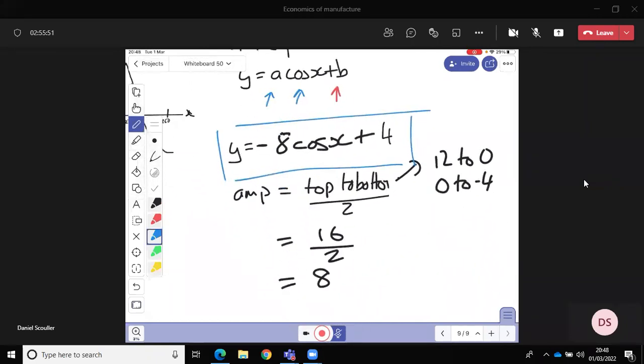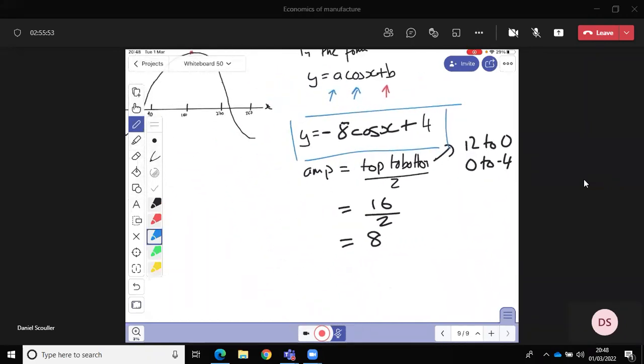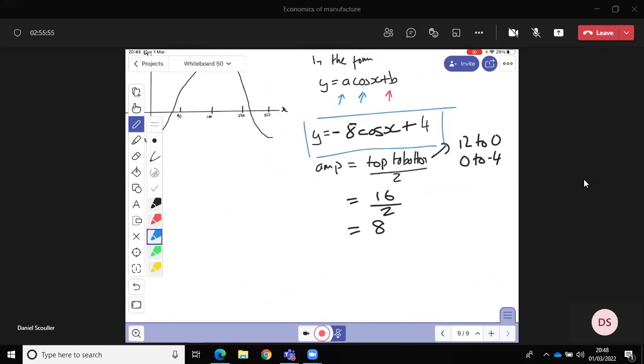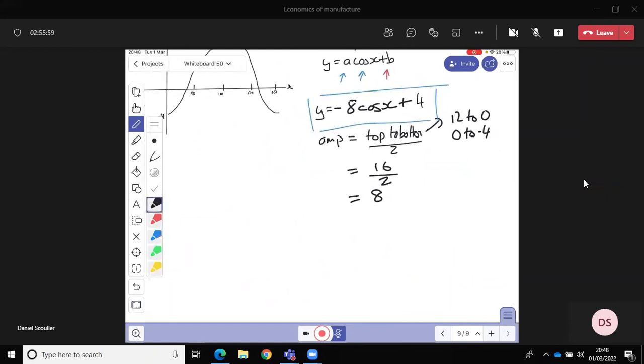So that plus 4. Another way to think about it: if you get an amplitude of 8 or -8, you'd have a max of 8 and a minimum of -8.